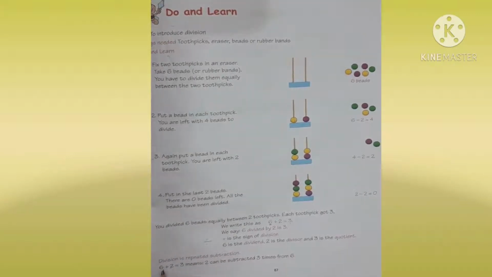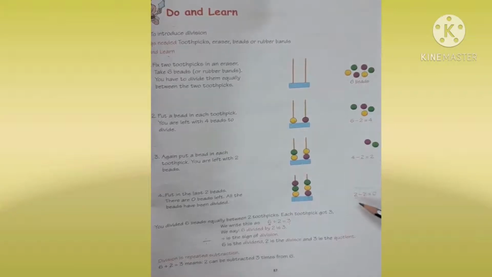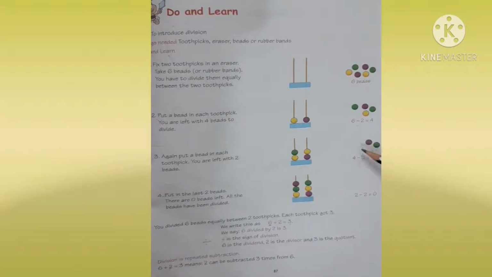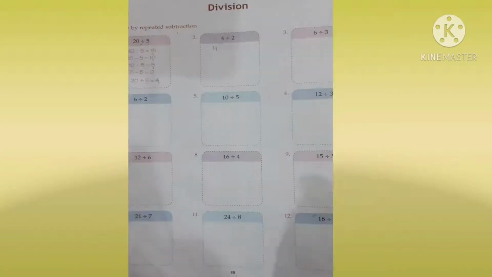Look here: 1, 2, 3. 6 minus 2 is 4, 4 minus 2 is 2, 2 minus 2 is 0. 2 can be subtracted 3 times from 6. So division is repeated subtraction.